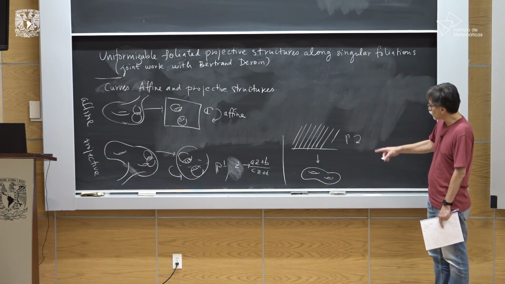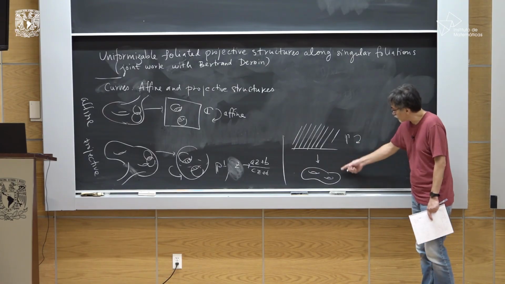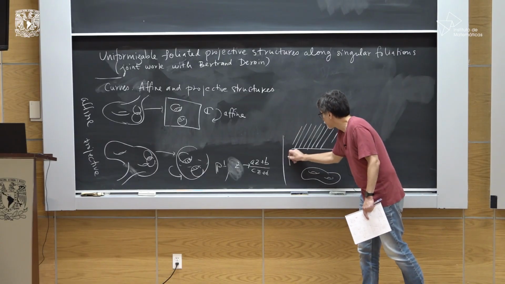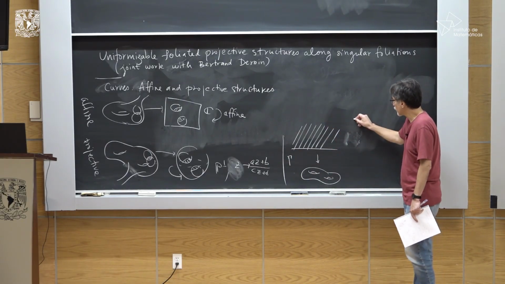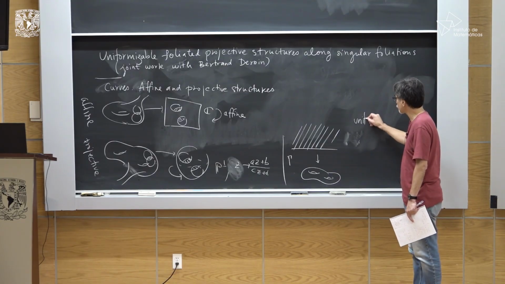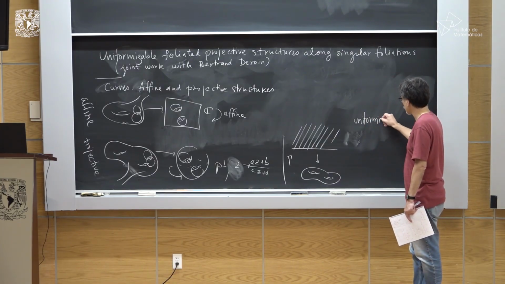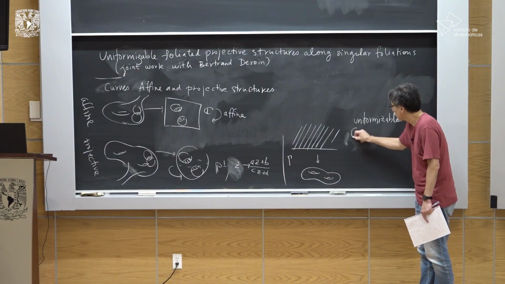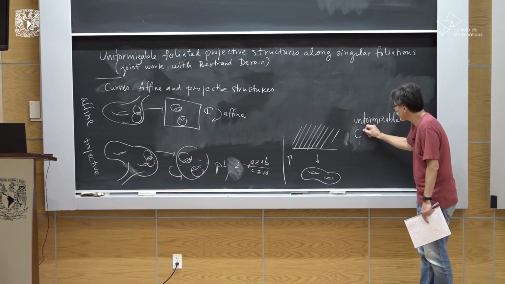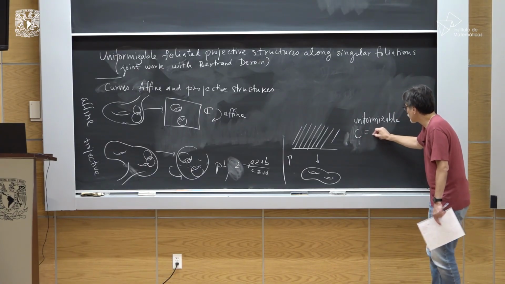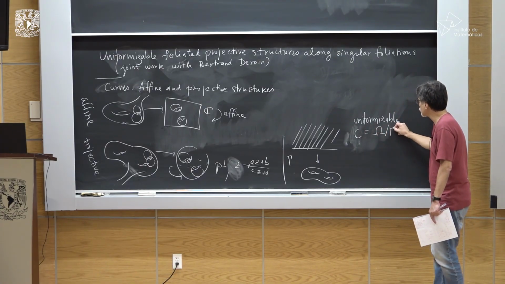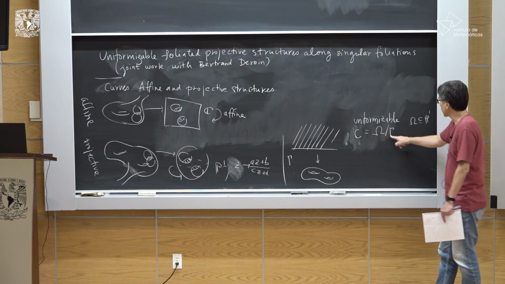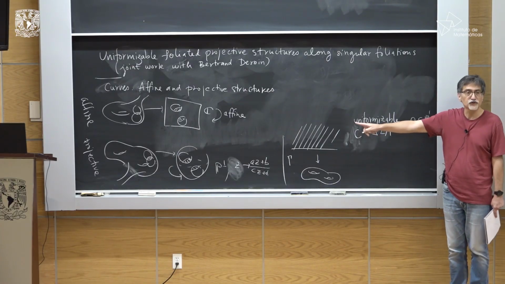And I will distinguish two kinds, a very special kind of projective structure. I will say that a projective structure is uniformizable. So a projective structure on a curve C is uniformizable if C, together with its projective structure, is the quotient of omega, some domain in P1, under the action of a group acting by Möbius transformations.